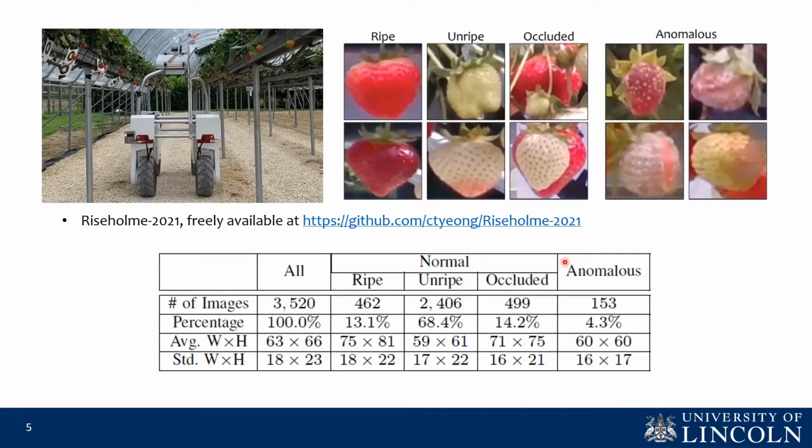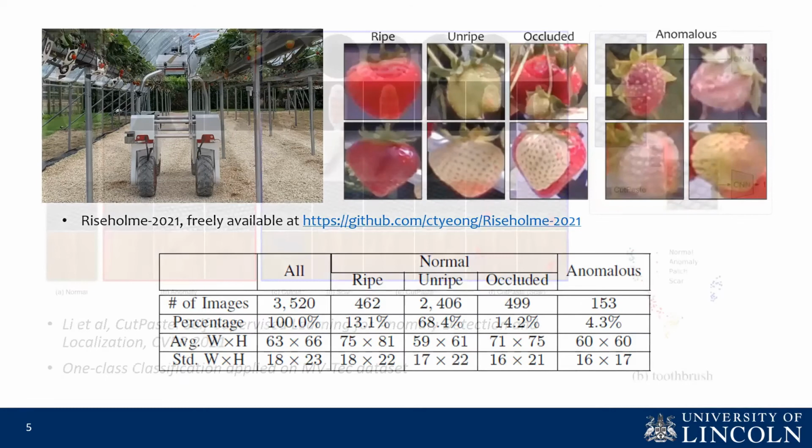What we realized from this data was that the anomalous images were pretty rare compared to the normal ones. Therefore, because of this class imbalance, traditional supervised learning simply produced detectors that classify every sample as normal strawberries.